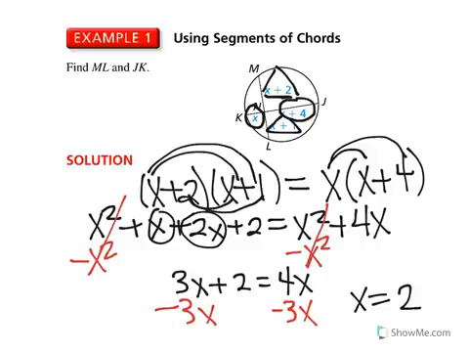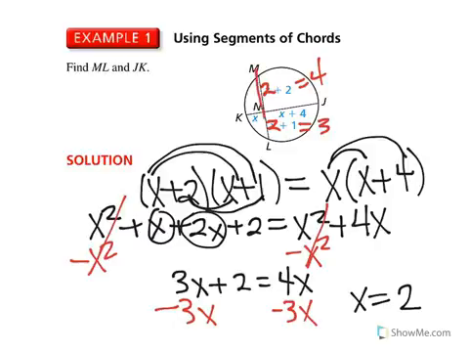Now that we know that x equals 2, we can go back to my problem, and it says ML and JK. So if we look at my whole segment, ML, let me erase some of this. Alright, I'm going to go ahead and plug in 2 for x. So we know MN is 2 plus 2, which is 4. And we know that NL is 2 plus 1, which is 3.